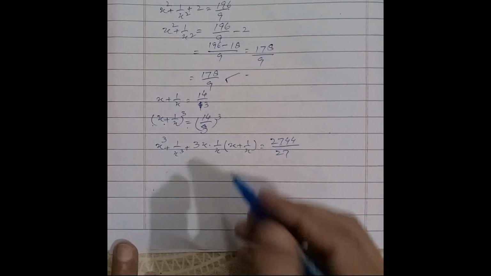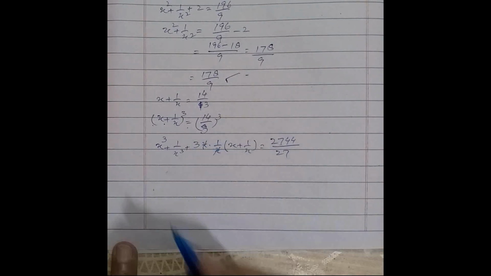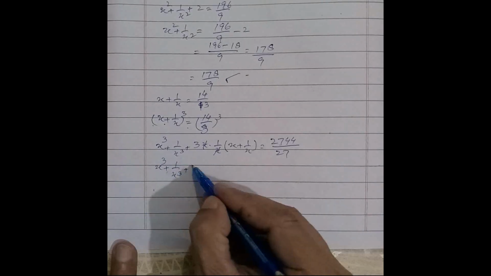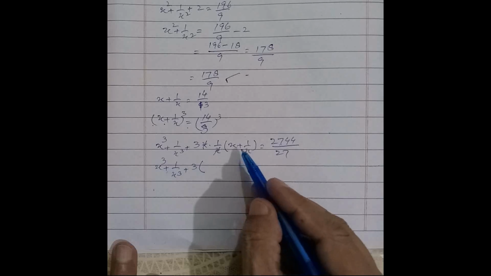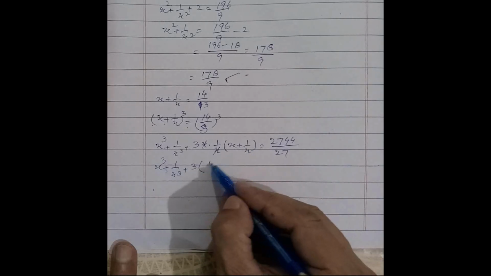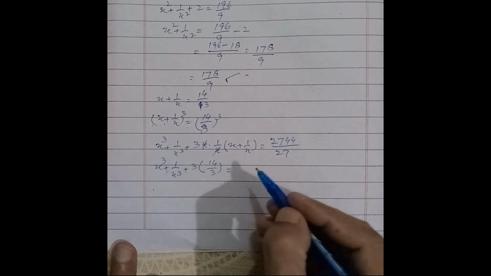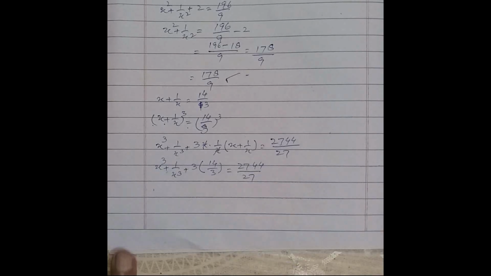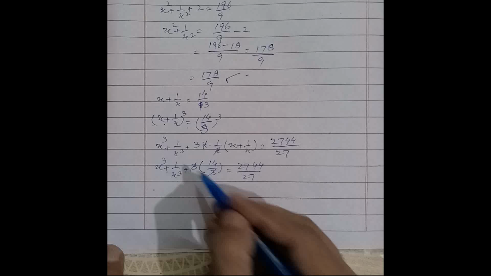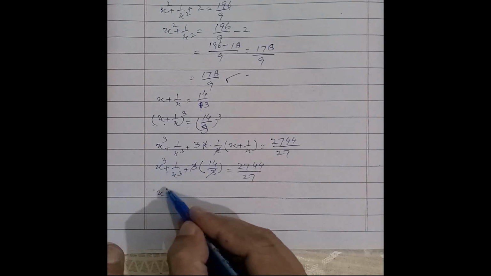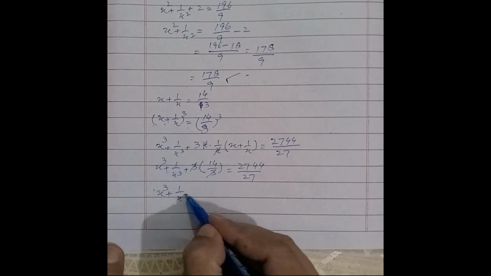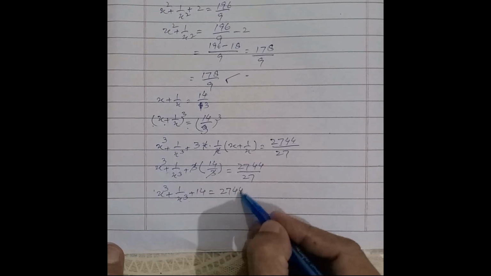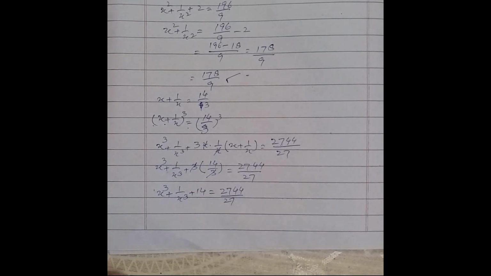And next we simplify the values. x cancels with x. We have x cube plus 1 over x cube plus 3 into x plus 1 over x. We know that it is 14 over 3 is equal to 2744 over 27. These 3 cancel with the other 3. We have x cube plus 1 over x cube plus 14 is equal to 2744 over 27.